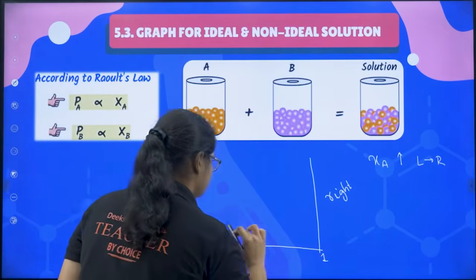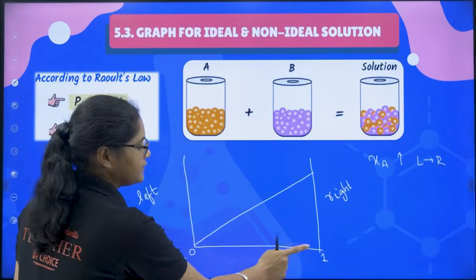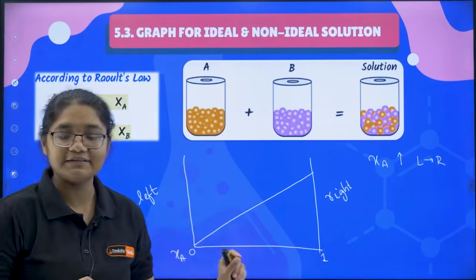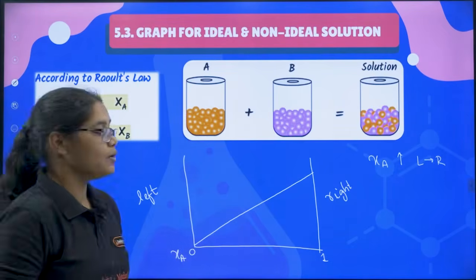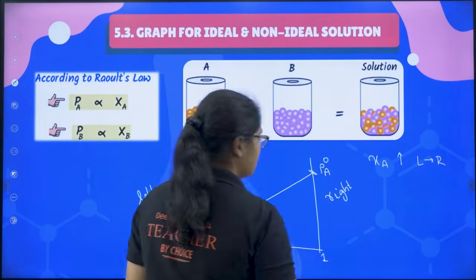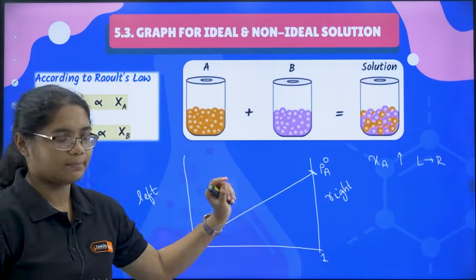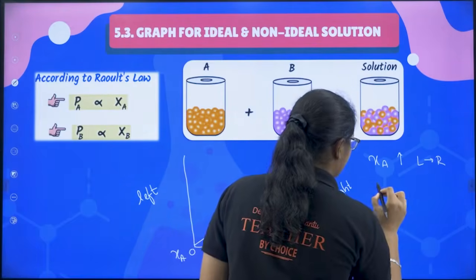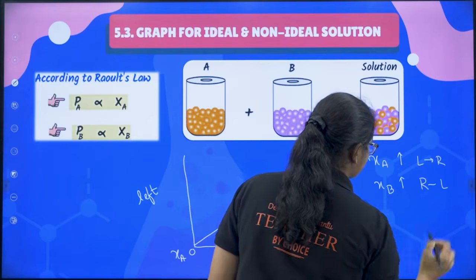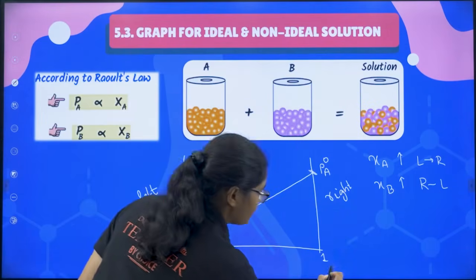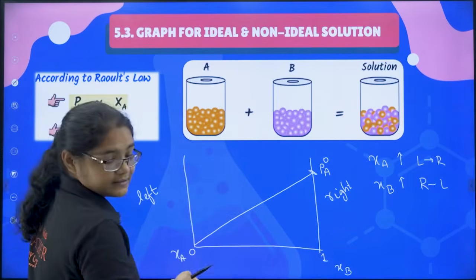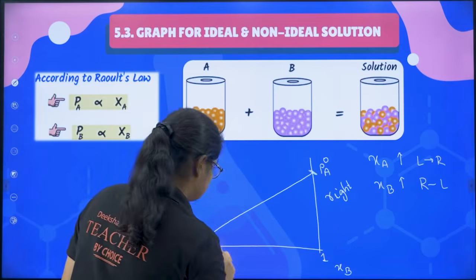So I will draw a graph like this. XA is increasing, PA is increasing. When XA is equal to 1, there is no B at that point. What is that pressure called? When I have only A, it is P naught A. Now on the right side I have XB, which increases from right to left, from 0 to 1.